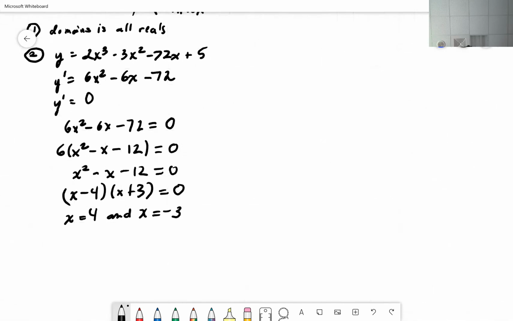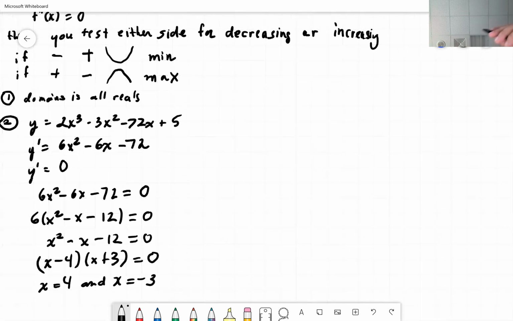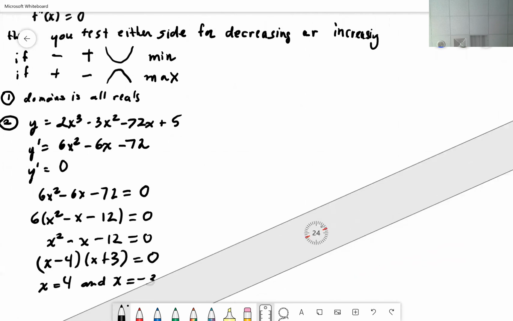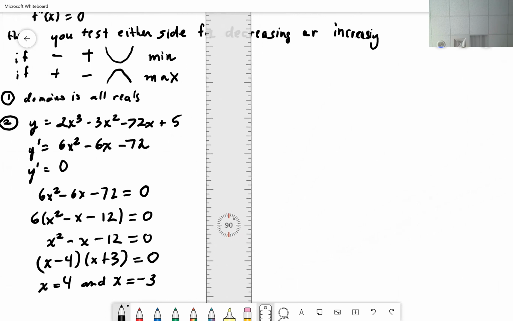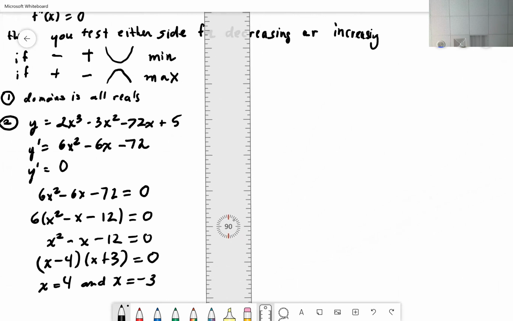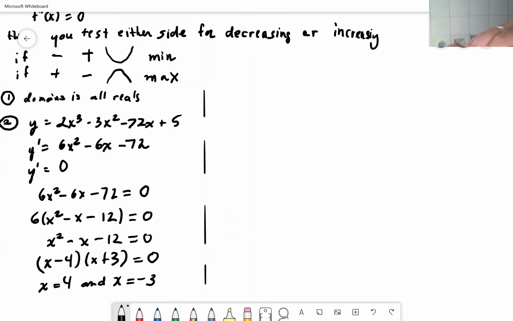Now, here's what you should do then. You have to test each side of those points. I'm going to start with negative 3. I'll make a little line here on the side, so that everything is not getting so bunched up.